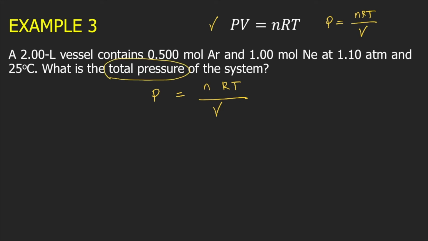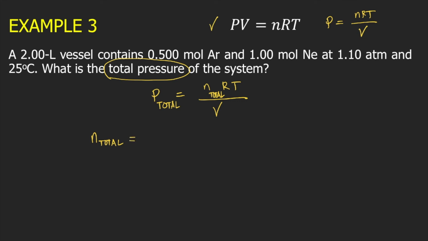So if you want to use the ideal gas equation to solve directly for the total pressure, your equation becomes P total, and for n, you will be using n total as well. So P total is equal to n total RT over V. So n total is, of course, the total number of moles of all the gases in the mixture.